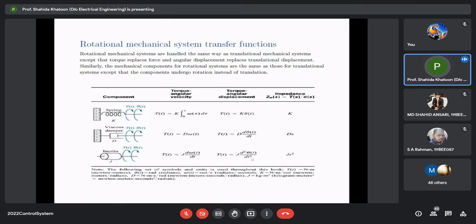So I want you to note down this table, and appreciate the similarity between translational and rotational mechanical systems.